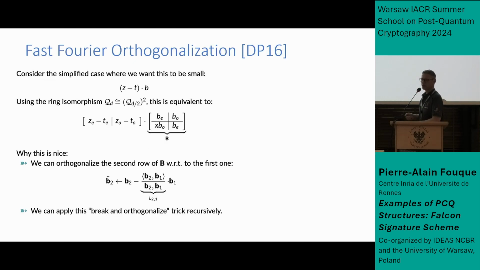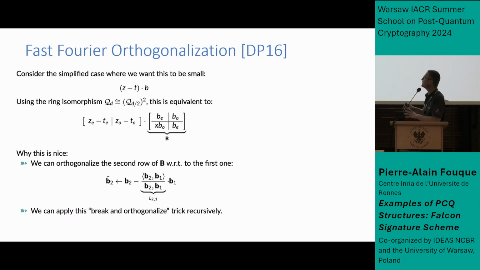So what are the 2 main ideas of the fast Fourier orthogonalization? And it will maybe explain why it is called like this. The idea is always to work with the subring, or to use the norm field. You can separate the problem into 2 different parts, and the matrix will also be organized like this.